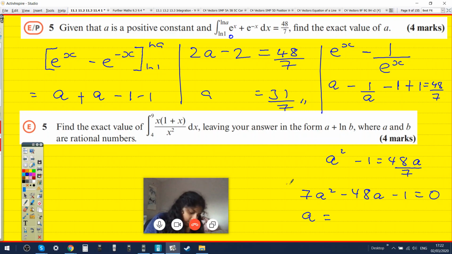I got a is equal to 7 or minus 1 over 7. But it says a is positive. So a has to be 7. That's it. Great. So I think just take your time with these.